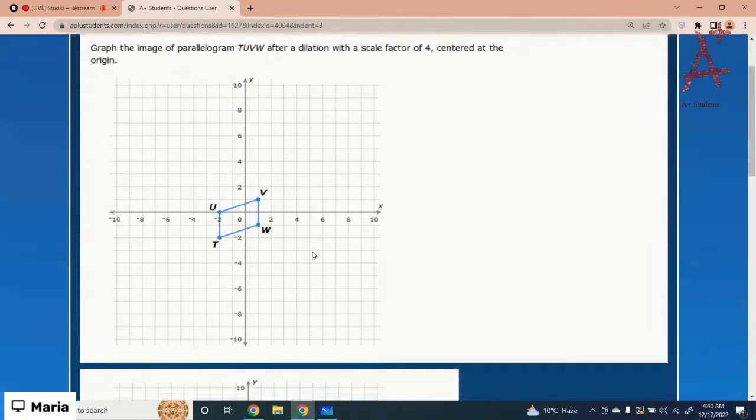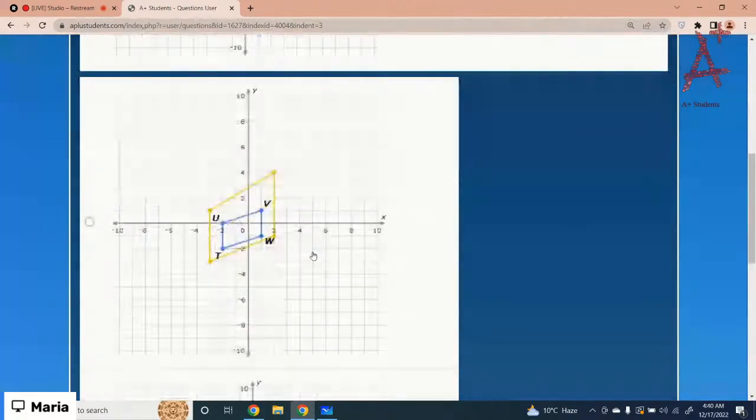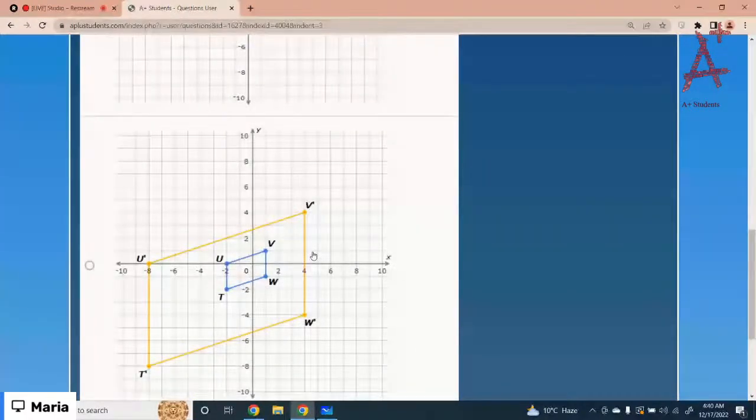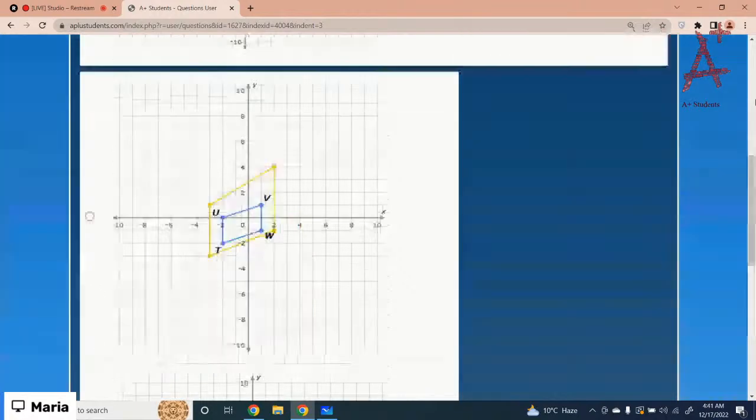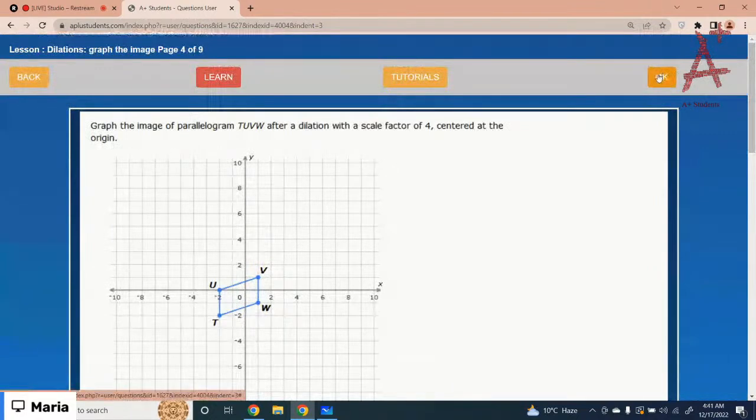Like V dash is in the first quadrant, U is on the x-axis, T is in the third quadrant, and W dash is in the fourth quadrant. They have the coordinates in the same quadrant, just multiplied by the given factor. Got it now? Just select the correct option, then click on the OK button.